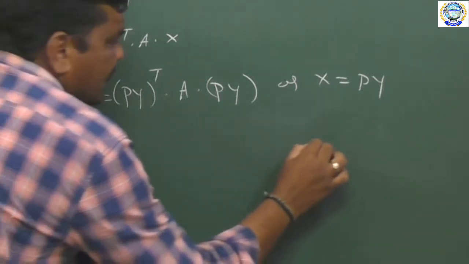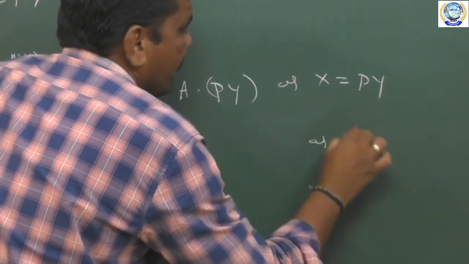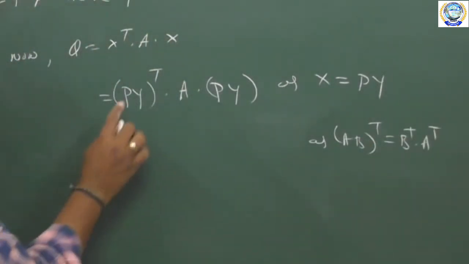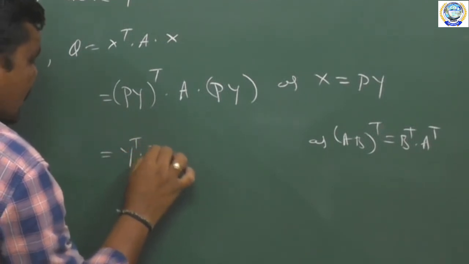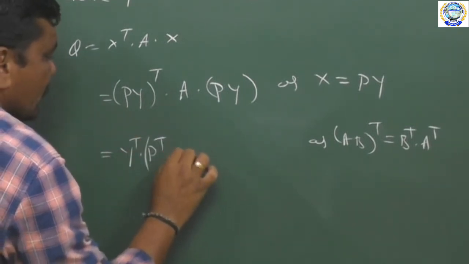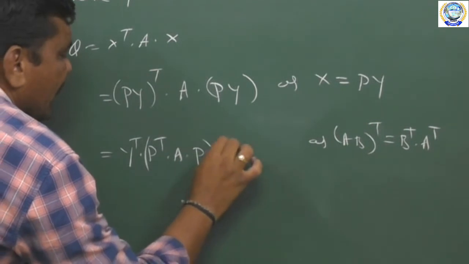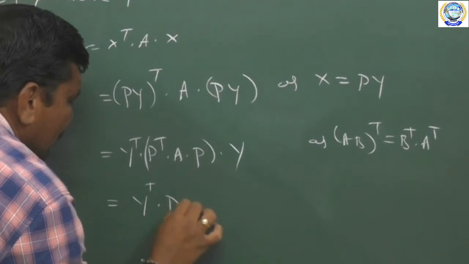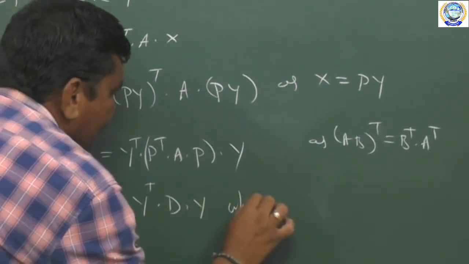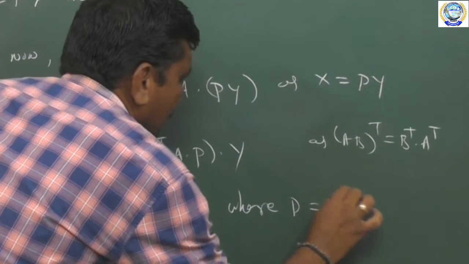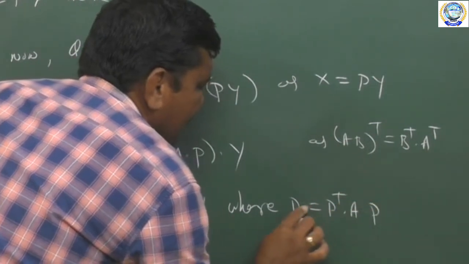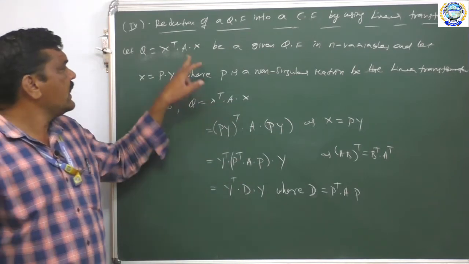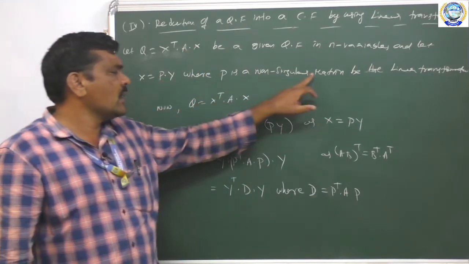So this can be written as, we know that AB whole transpose is B transpose into A transpose, so from this, Y transpose into P transpose into A into P into Y. So this can be written as Y transpose into D into Y, where D is equal to P transpose into A into P. Here A is symmetric, and P is non-singular.